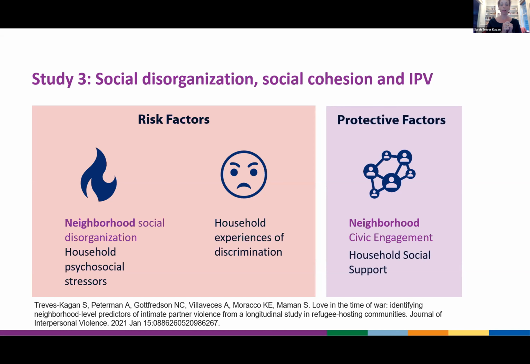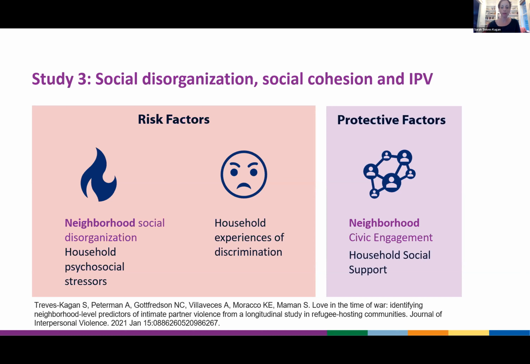And our mediation analysis found that neighborhood civic engagement partially mediated this relationship. So we saw, for example, that as neighborhood social disorganization increases, neighborhood civic engagement decreases. And when neighborhood civic engagement decreases, IPV increases, or vice versa. So women living in neighborhoods with higher civic engagement experienced less IPV.